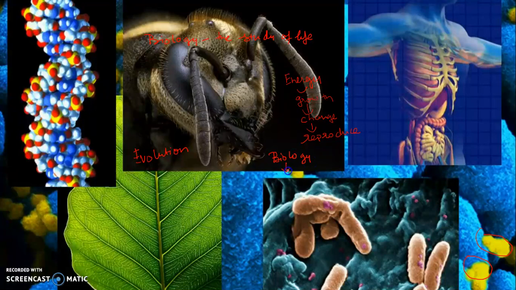Biology is on top of chemistry, and it is also on top of physics, and it's also connected to maths. So studying biology, the various concepts are connected to these subjects like chemistry, physics, and even maths.